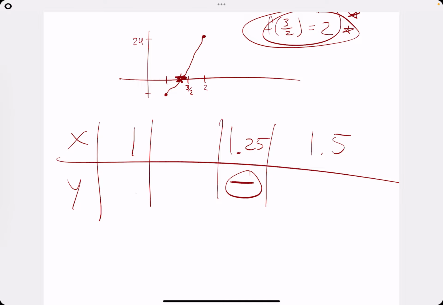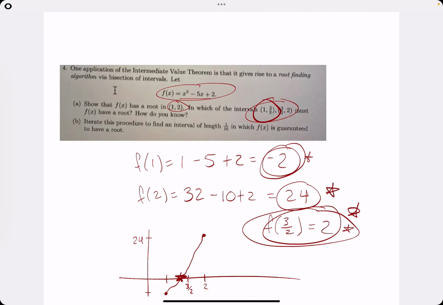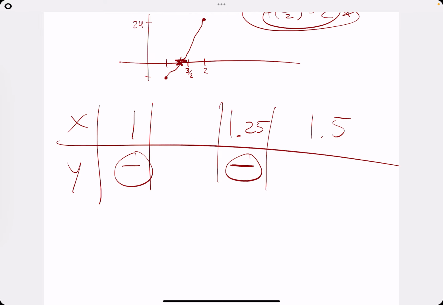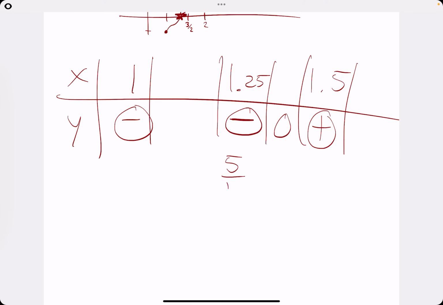And we already knew that at 1 we had a negative value as well. So since at 1.5 we had a positive, that means that the 0 occurs somewhere between 1.25 and 1.5. So that would be between 5/4 and 1.5, or sorry, 3 halves if I'm staying consistent.